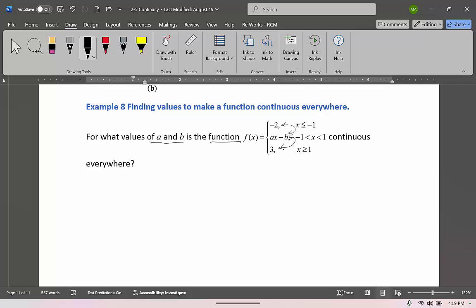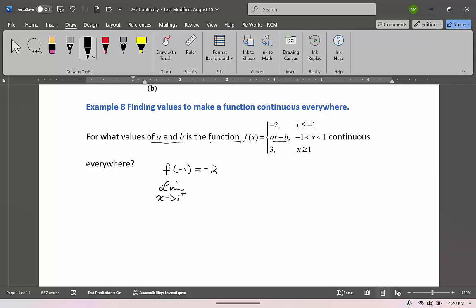All right, so if we look at f of -1, when x is equal to -1, we're following this piece of the function, so f of -1 will be -2. And so, of course, the limit from numbers less than -1 is also going to be -2. But if we look at the limit as x approaches -1 from numbers bigger than -1, then we're on the middle piece of the function.